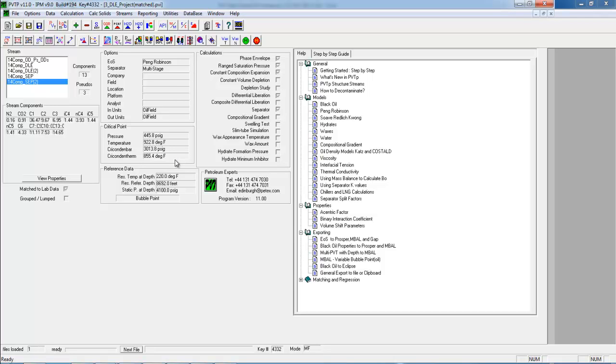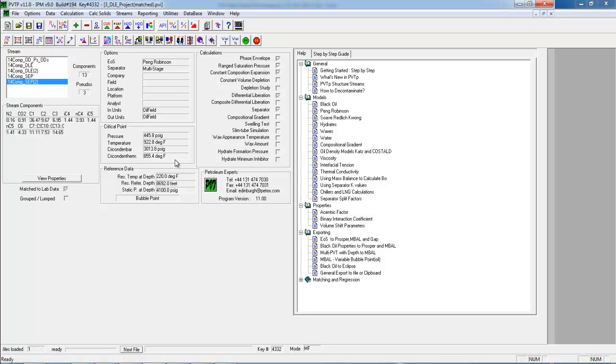So you will take the data from DLE and you will calculate Bo. So you have to differentiate in DLE. In DLE, we have Bo and we have GOR or Rs.